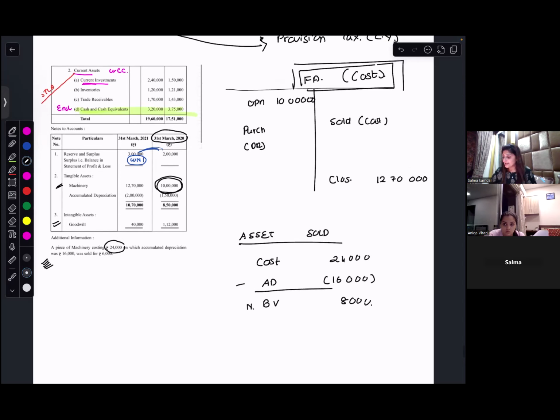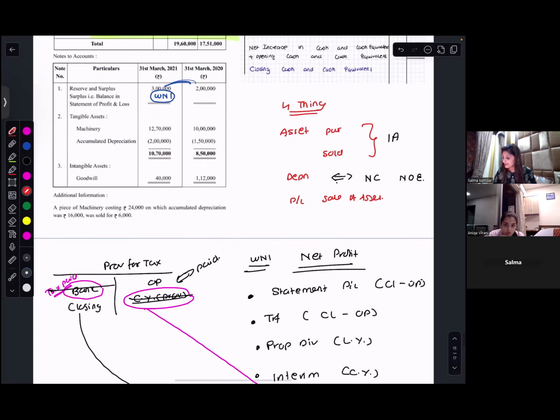Which one will you put in the account? The asset account is at cost, so you put 24,000. But in your cash flow statement, what will you put? 8,000. How much is it sold for? 6,000. So in your cash flow statement, four things related to the non-current asset: asset sold at the selling price, asset purchased at the cost price.